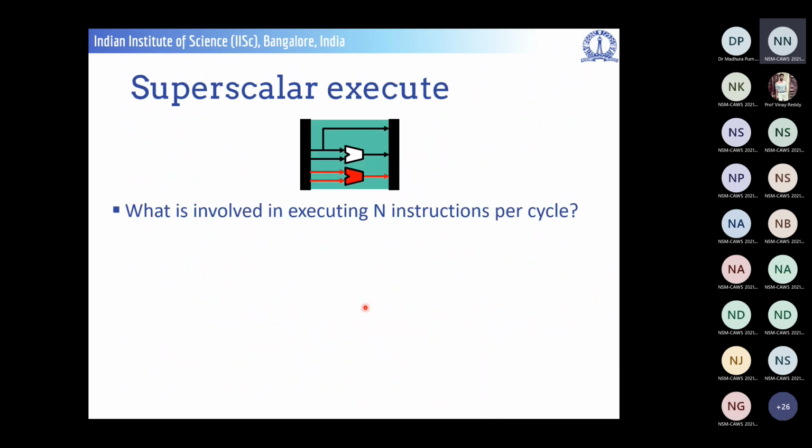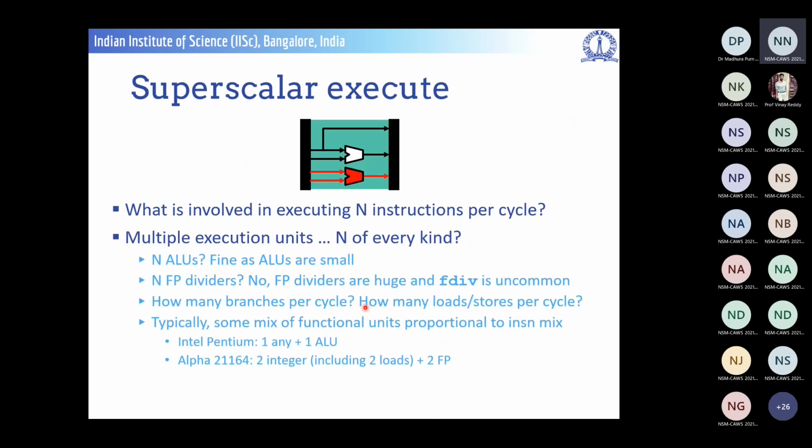In terms of execution, as we have talked about, this is a relatively easier problem. You can replicate your ALUs, your multiplier, divider, and so on. But you don't replicate all types of units, say you'd probably have one floating point divider, and there will be generic ALUs as well.